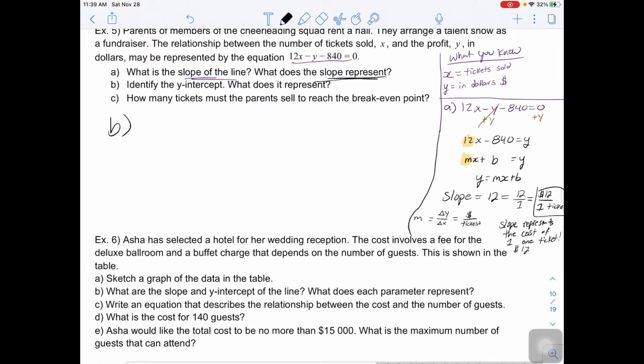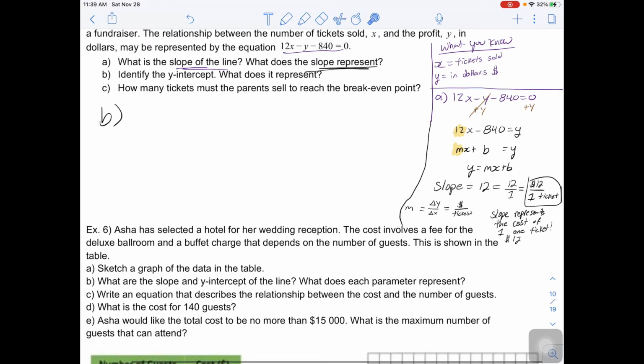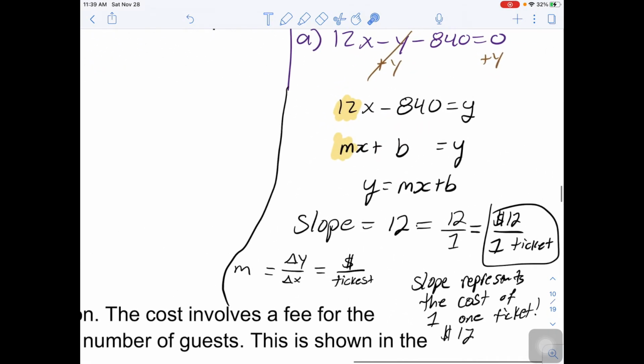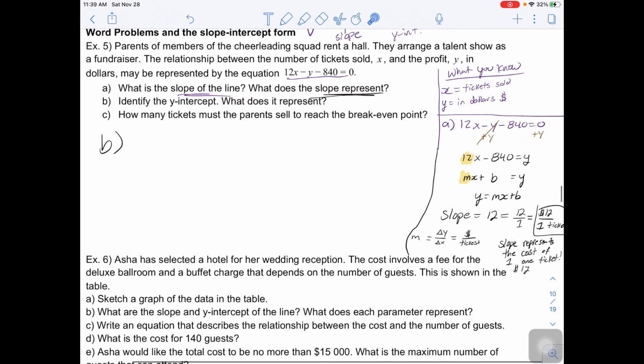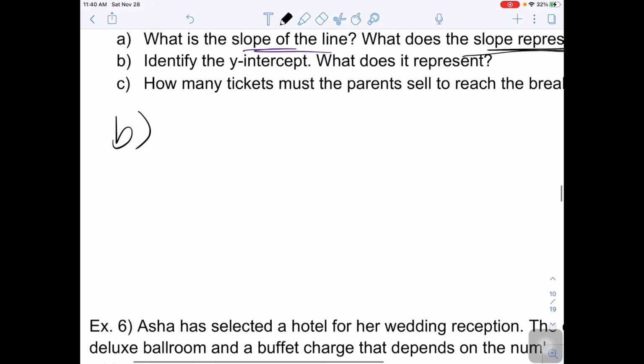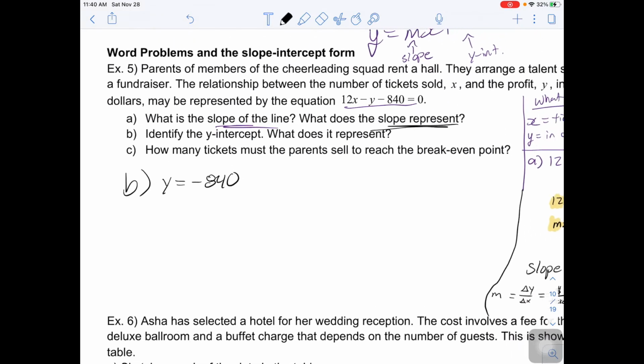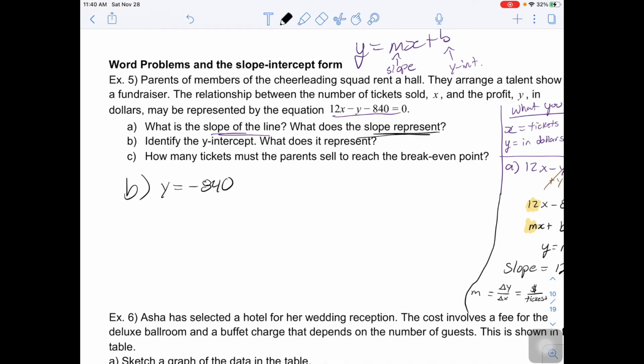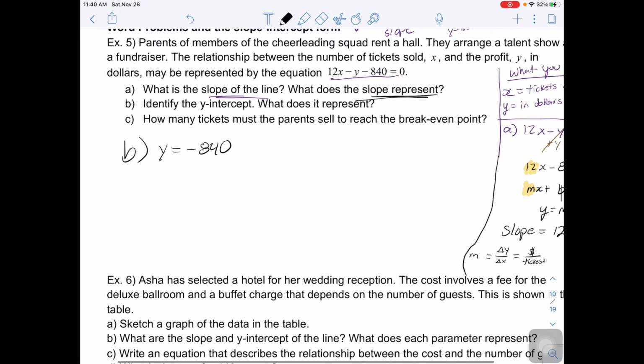For B, identify the y-intercept. What does it represent? Well, here, our y-intercept is negative 840. Now, negative 840, what the heck does that represent?